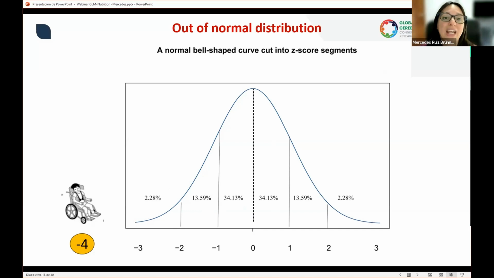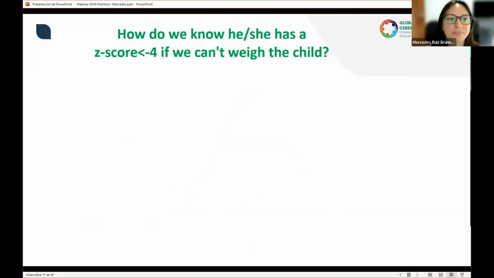So the equations use data that are more normally distributed. But when it's -4, it is a really strange or abnormal value, and the equation doesn't work as well.